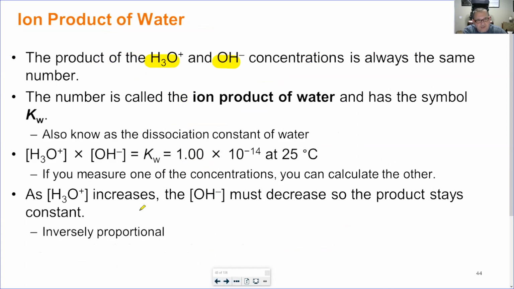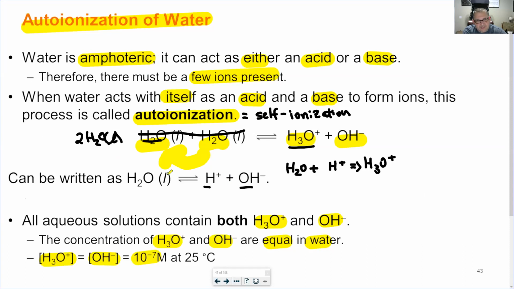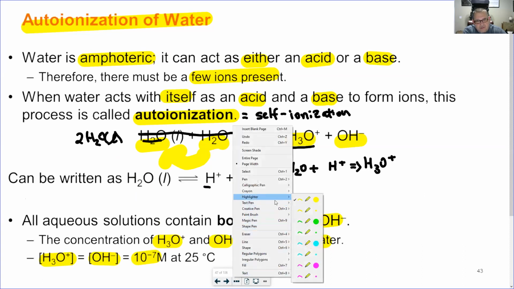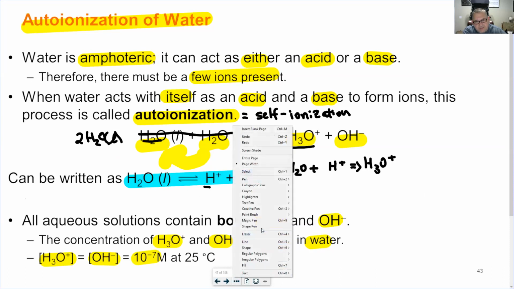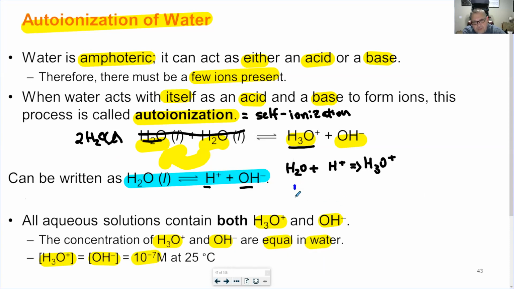Well, the why of it is that if we go back and think of this ionization, I'm going to write it for the one down here at the bottom. If we write its equilibrium constant expression, we give it the name Kw, and it would be products over reactants.